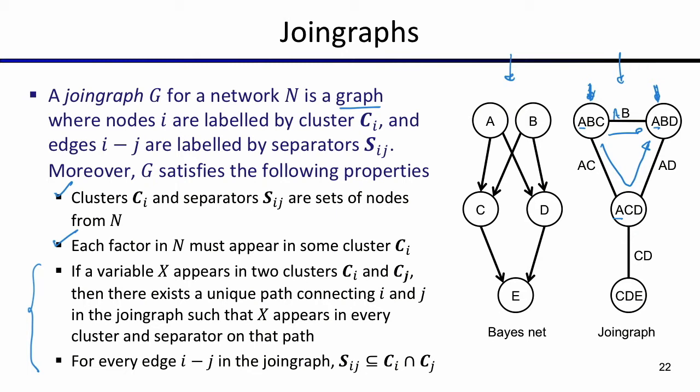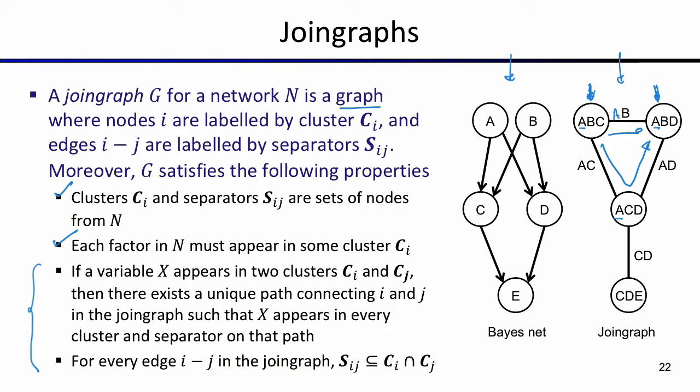The last property says that for every edge Ij in the join graph, the separator is now a subset of the intersection between the two clusters. Before, with the join tree, we were obligated to have the separators equal to the intersection between the two clusters. Now it's just a subset.